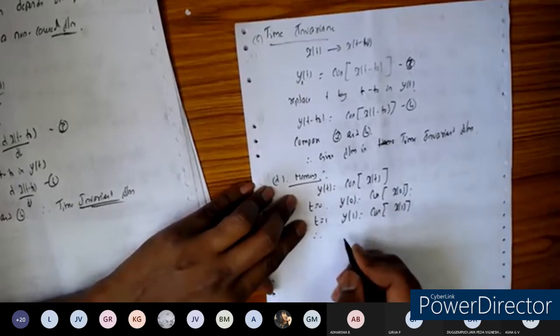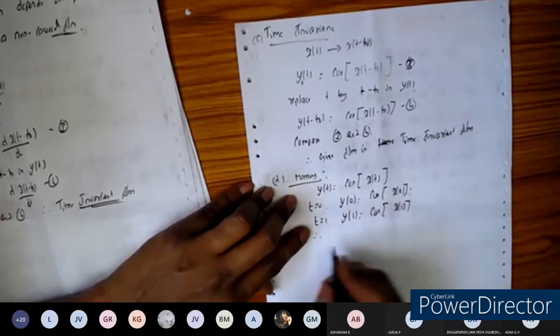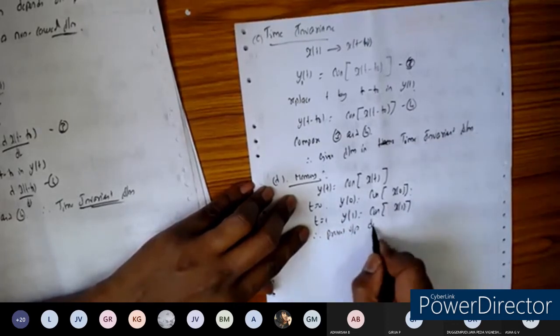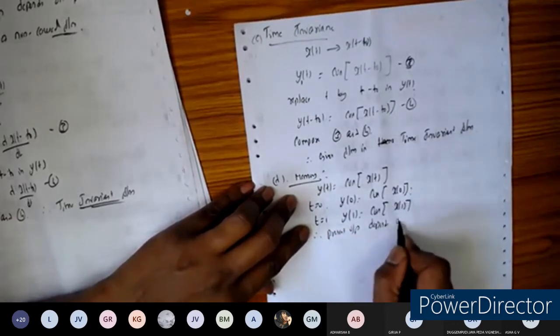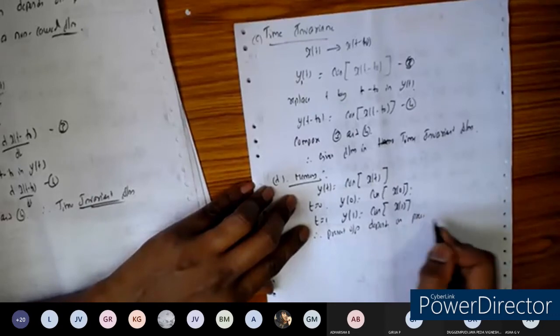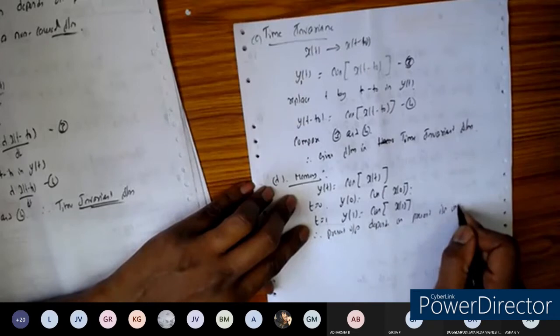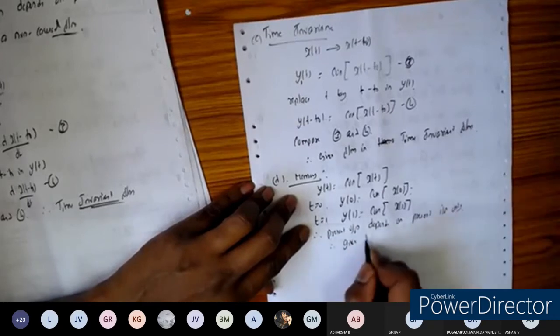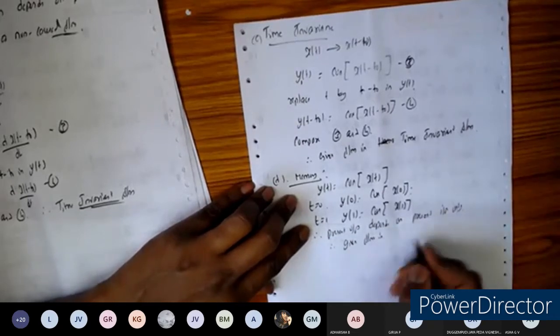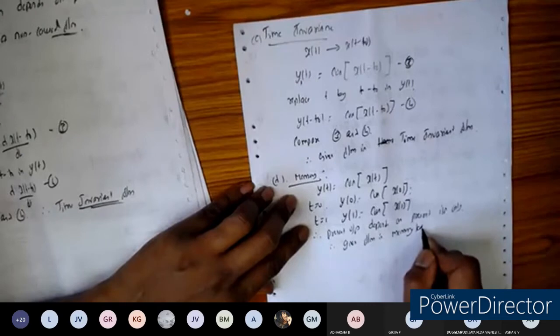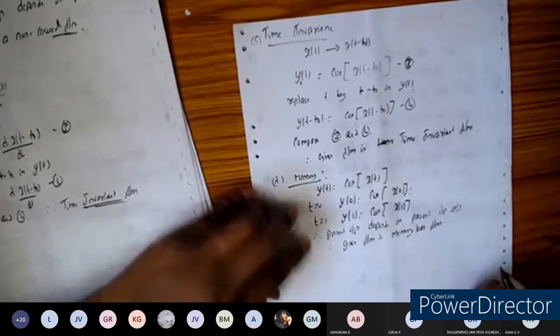Therefore, the present output depends on the present input only. Therefore the given system is a memoryless system. You don't have memory.